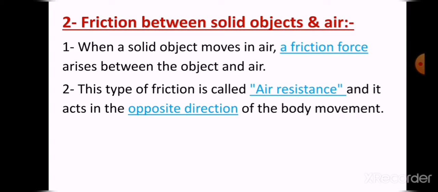So when any solid object moves in the air, a type of friction force arises between this object and air. This type is called air resistance because these objects move in the air, and it acts in the opposite direction of the body movement, like the friction force.